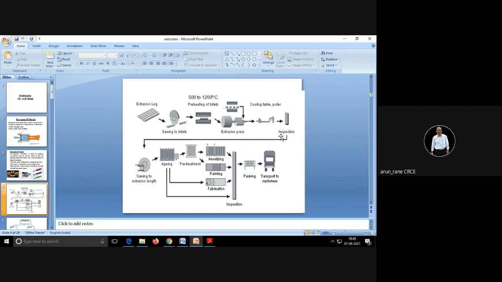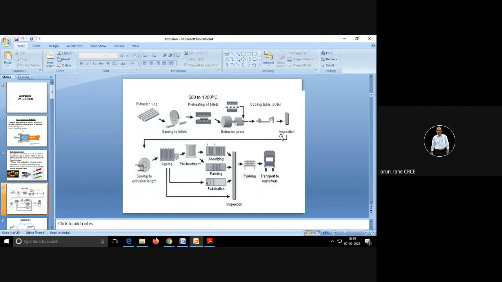Then aging is done for strength purposes. Then if any surface treatments are required, like anodizing or painting, anodizing is usually done on aluminum and magnesium. Painting means components have to be painted, by spray painting, manual painting or dip painting.